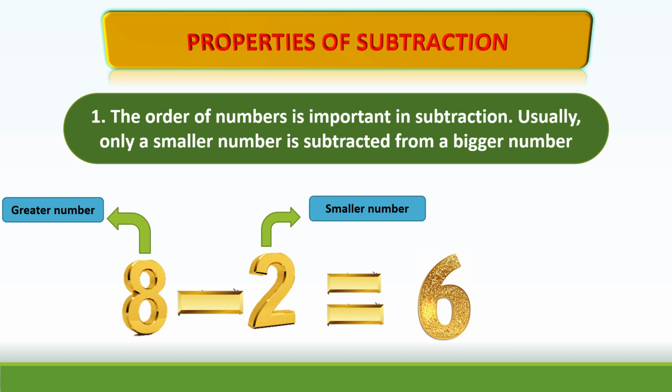So the first property of subtraction is a smaller number is subtracted from a bigger number. And when it is subtracted, we get the difference. 8 minus 2 equals to 6. If you have understood the first property, let us move to the next property.